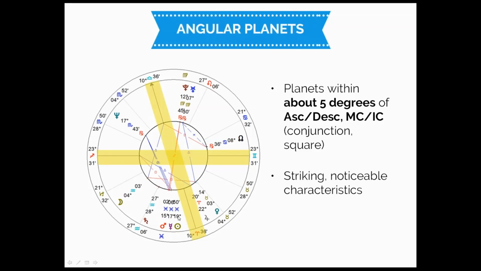However, if I look at the sun down here at almost 20 degrees of Pisces, and I see this ascendant at 23 degrees of Sagittarius, as this little line and symbol suggests, there is a square aspect between these two, a pretty tight one. So that makes the sun work sort of like an angular planet, the fact that it's in such close contact with the ascendant and descendant of the chart.